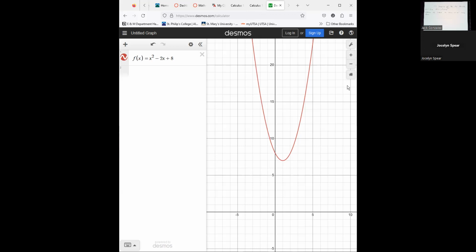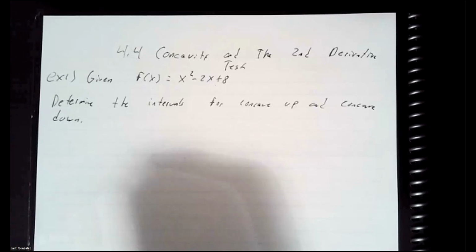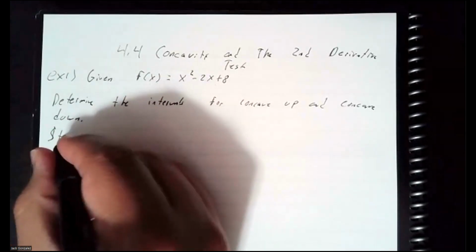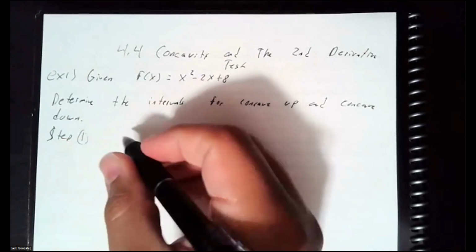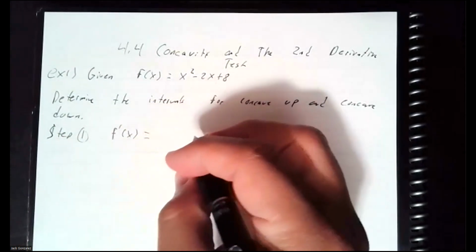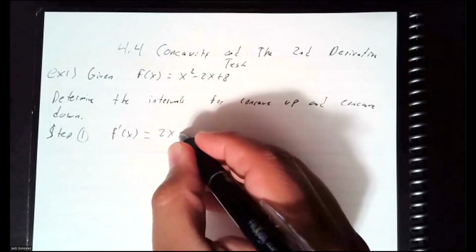But we do need to check for inflection points. So the first thing you're going to do, step one, take your first derivative. That's going to be 2x minus 2, right?